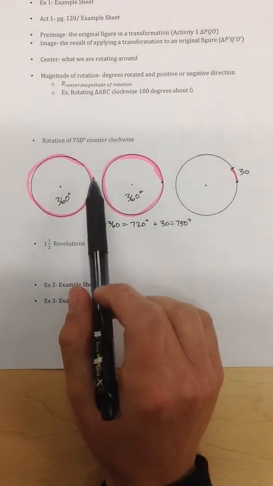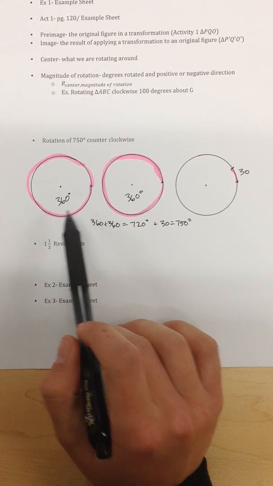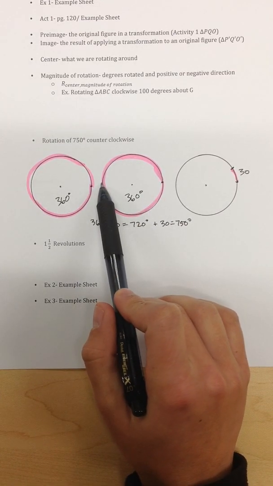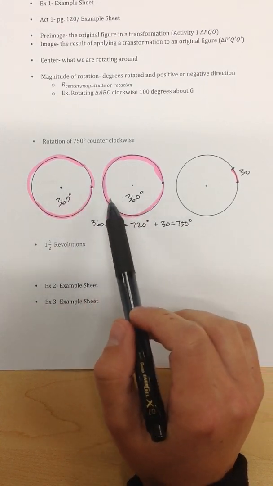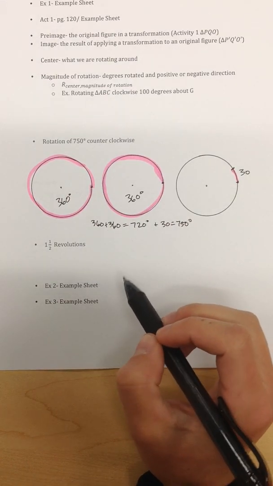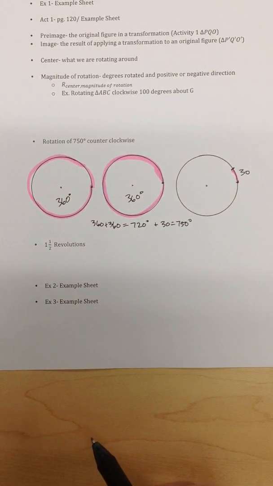If I go one full time around a circle, 360, and then halfway around the circle, which we know is 180, like a semicircle, and add those two values together, 360 plus 180, we get 540, which would be 1.5 rotations, or revolutions.